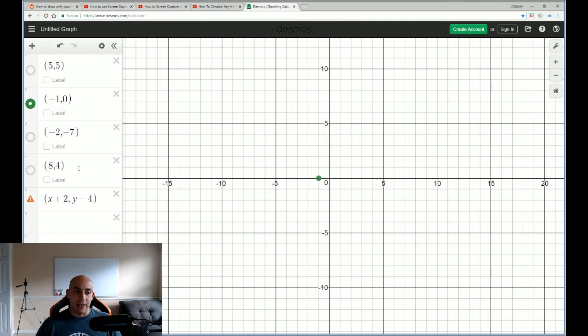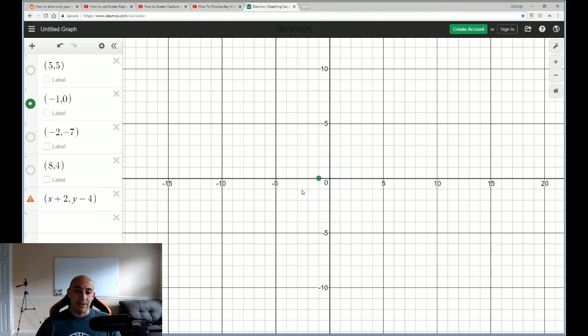So x plus 2: negative 1 plus 2 is 1, so I go to the right 2 units. Now for the 0, I'm going 0 minus 4. Basically I'm plugging the value in where the y is and making that subtraction happen. So the new point is 1, comma, negative 4.